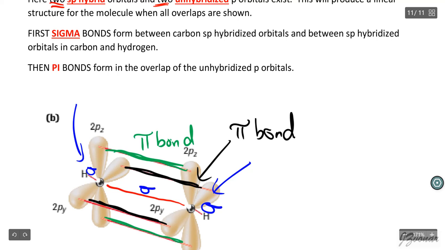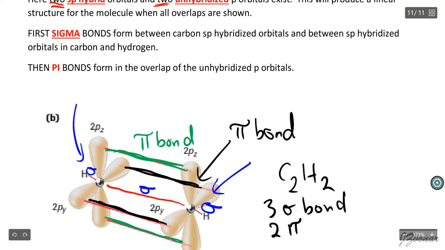Okay, so what ends up forming in this particular case of ethine, which is C2H2, it has 3 sigma bonds and 2 pi bonds, which results in the formation of a triple bond.